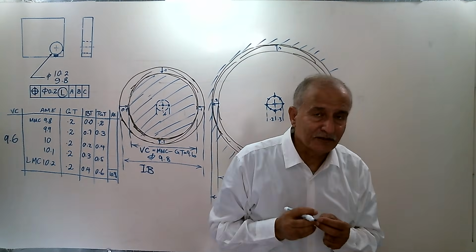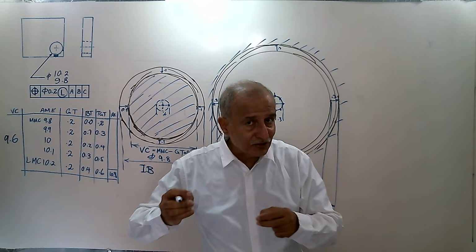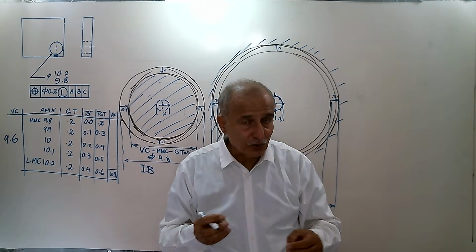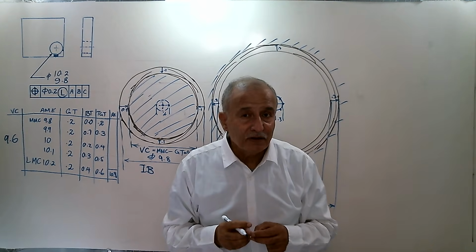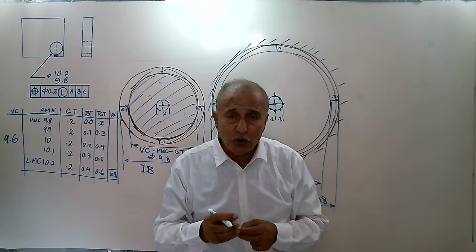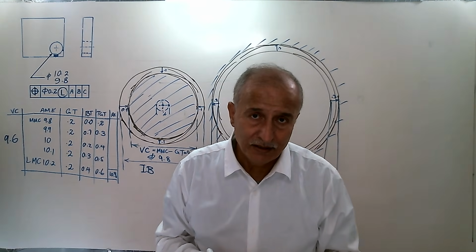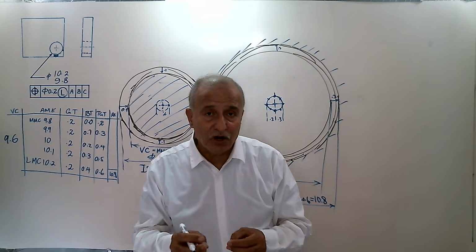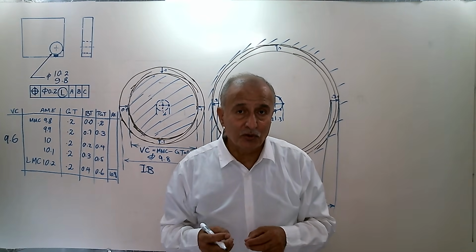The question is this. If you make the hole at the largest size close to LMC, is there adequate or sufficient material between the edge of the part and the inner surface of the hole to protect the hole?